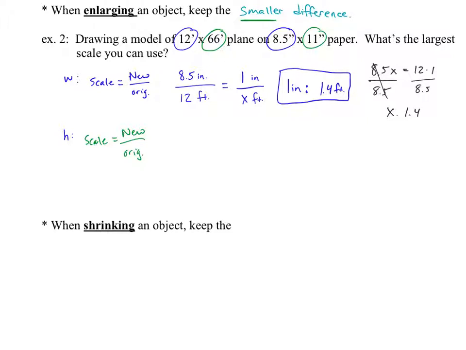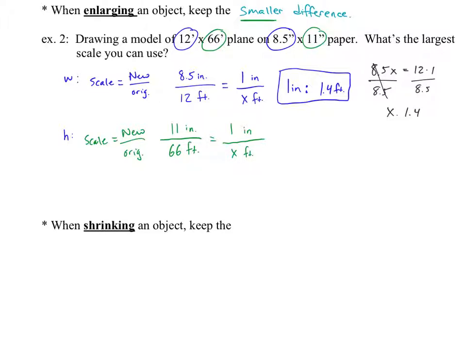All right, now we just start over and do that exact same thing for my bigger two numbers. So my new is going to be my 11 inches on the piece of paper and my 66 feet on the plane. And we'll put the 1 in that smaller direction again. So I have 1 inch over x feet. And we're going to cross multiply to solve that.